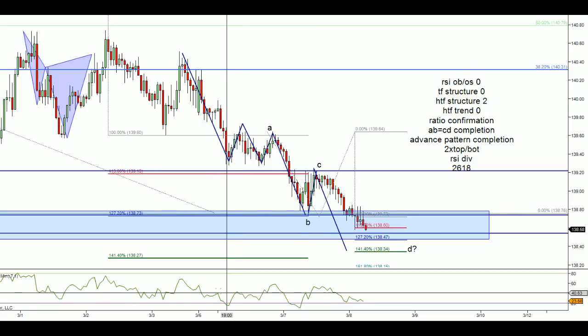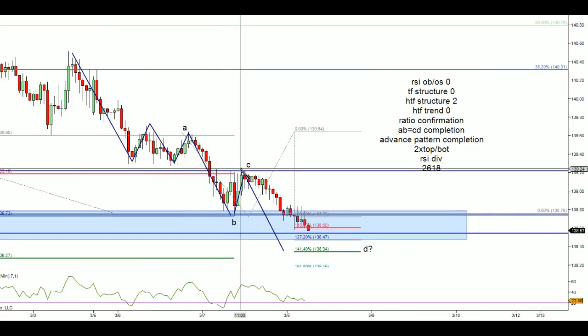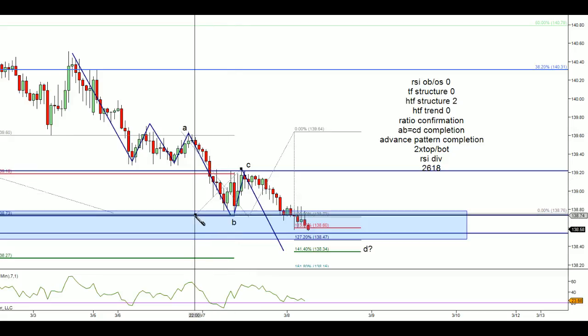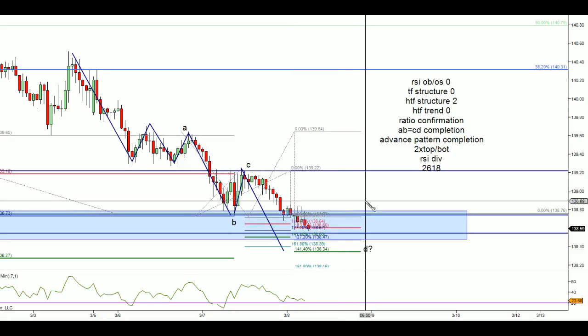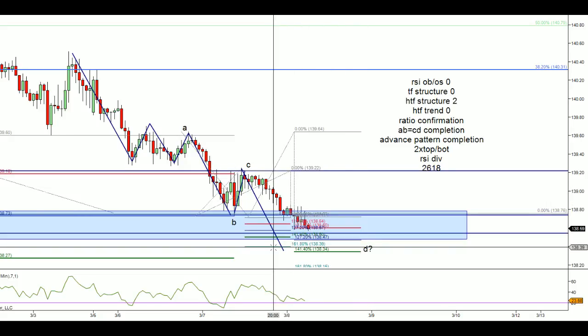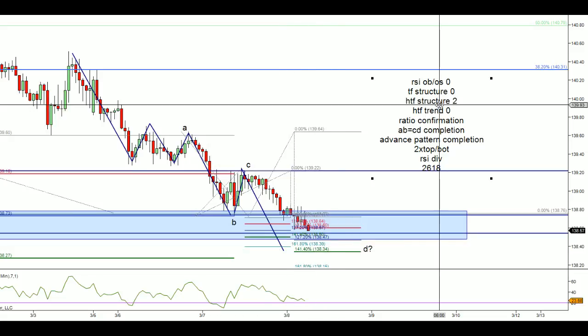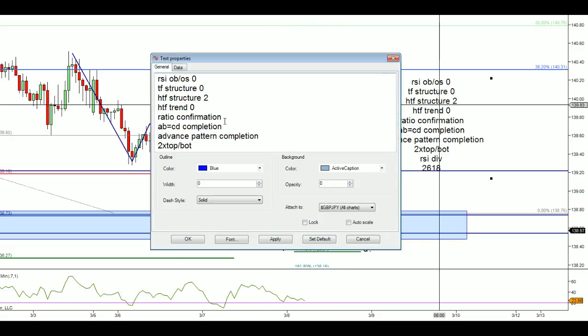We could do an inversion from here. So we've got a 1618 extension right above that. So we got a little bit of ratio confirmation down in there. We'll give it a 1. We don't have that completion yet.